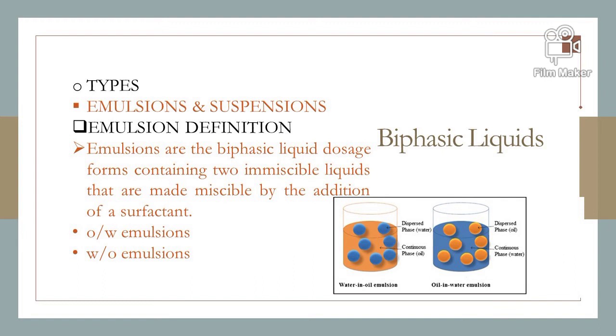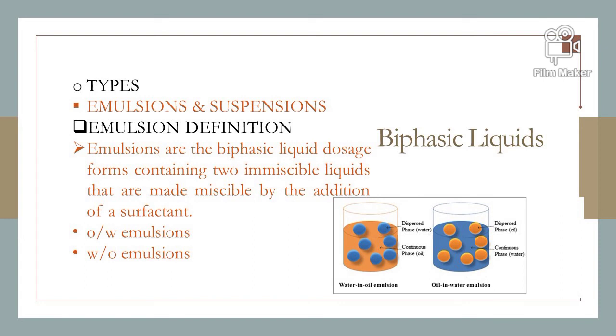First we will see the emulsion definition. Emulsions are biphasic liquid dosage forms containing two immiscible liquids that are made miscible by the addition of a surfactant. There are two types of emulsion: oil in water type and water in oil type. We will see an example for these two.